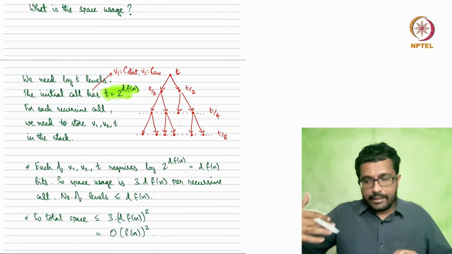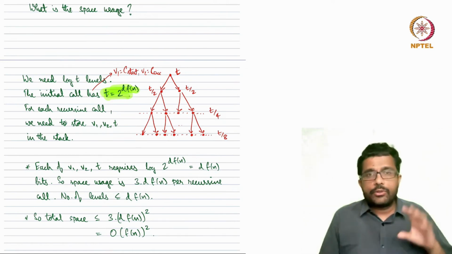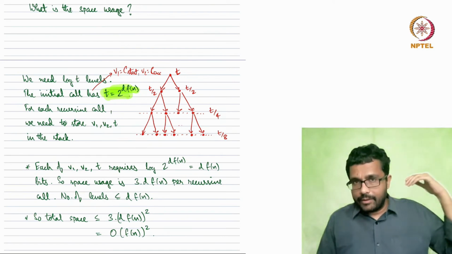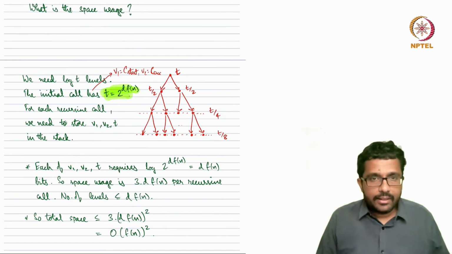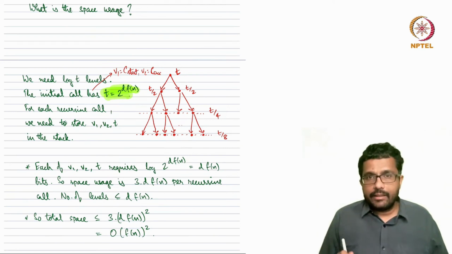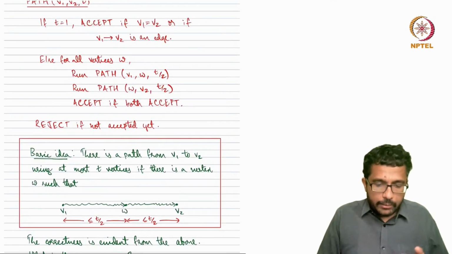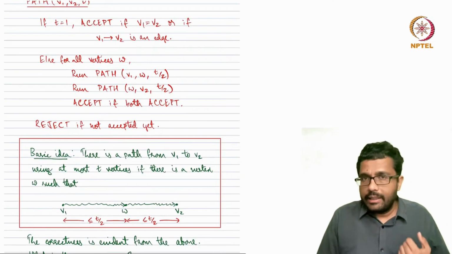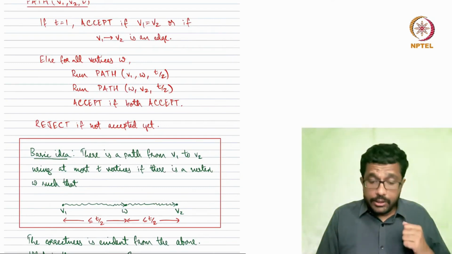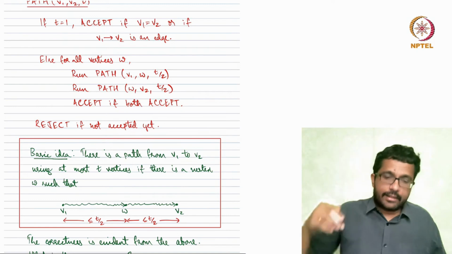If we are in, let's say, the third nested recursive call, we should remember where we were the first time, the second time, and so on. So for each recursive call we need to keep this memory. It's not just having to remember v1, v2, w, t, etc. We actually need to remember v1, v2, w, t for all the nested recursive calls.